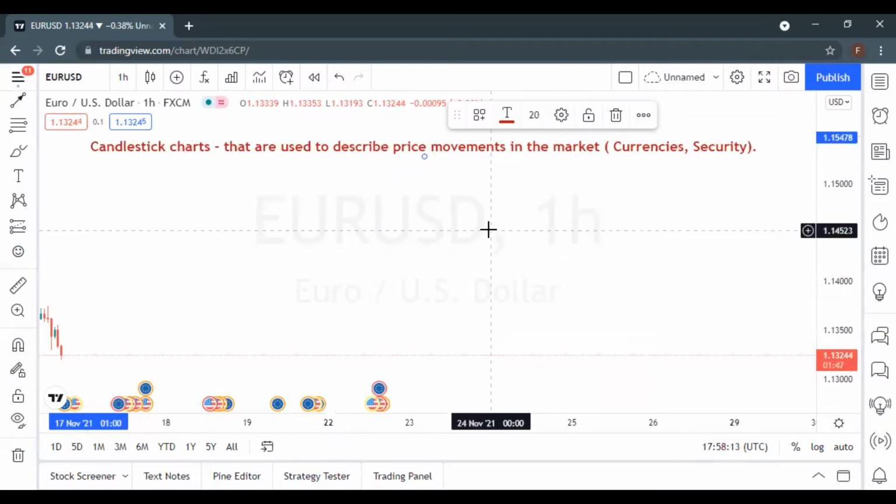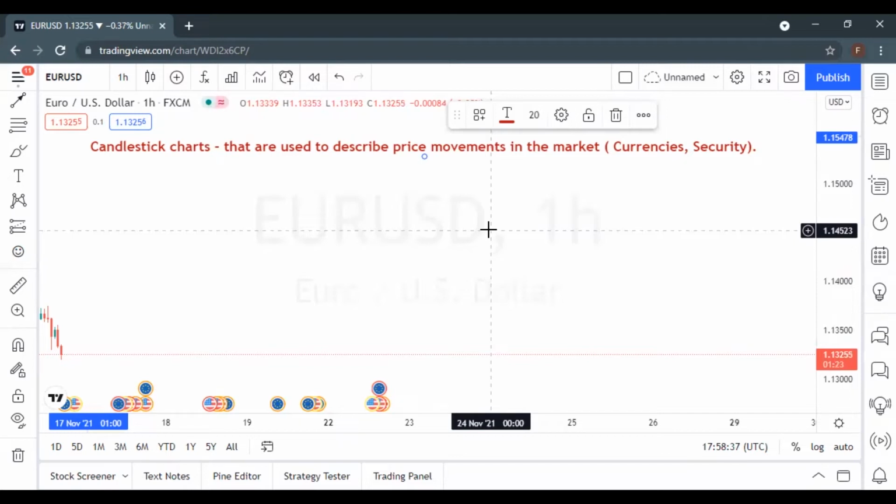And we also have other things like indices, like NASDAQ, which is basically a combination of a number of companies, and they measure the performance of those companies. Let's say we have Facebook, Instagram, WhatsApp, and Microsoft under NASDAQ.